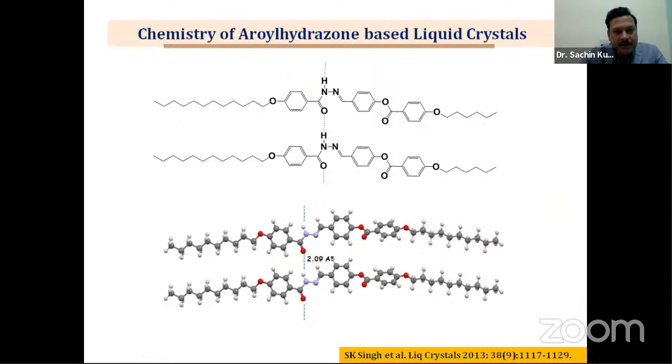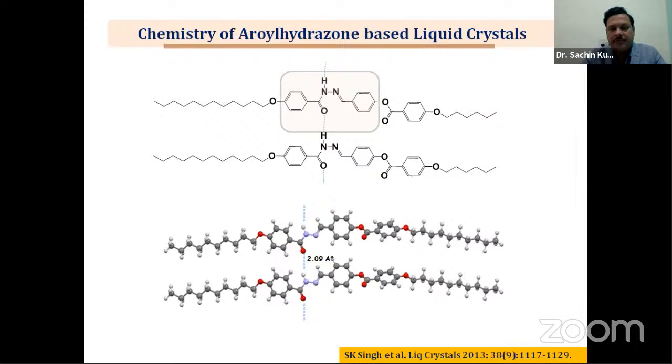Here I am discussing the chemistry of aryl hydrazone based liquid crystals. This is the core. This core is actually quite common in graduate and postgraduate classes. They design and synthesize this type of core, the aryl hydrazone based core.